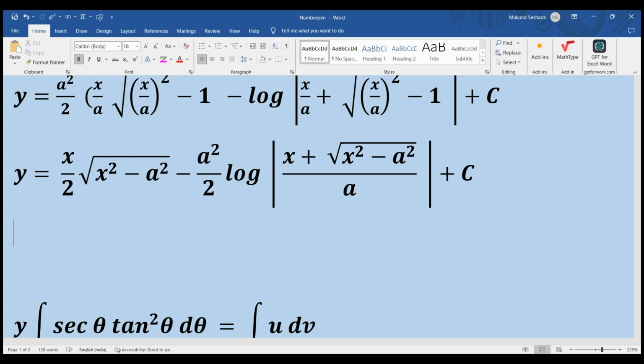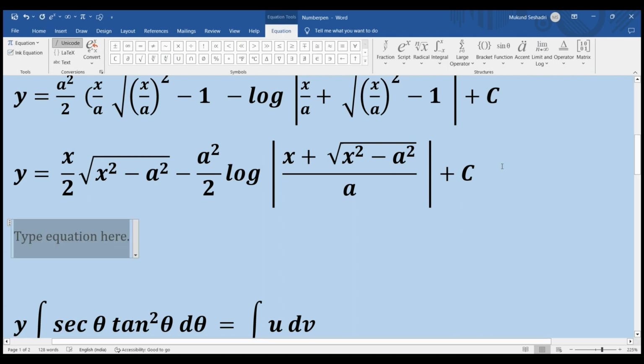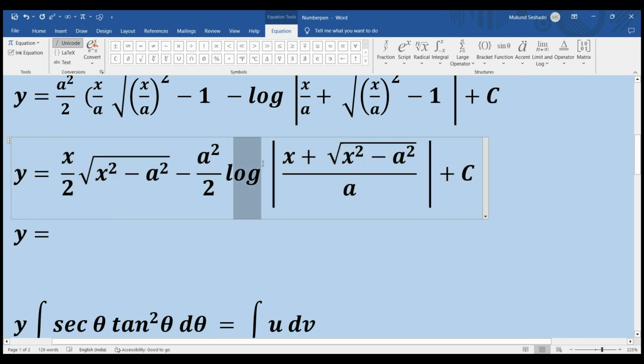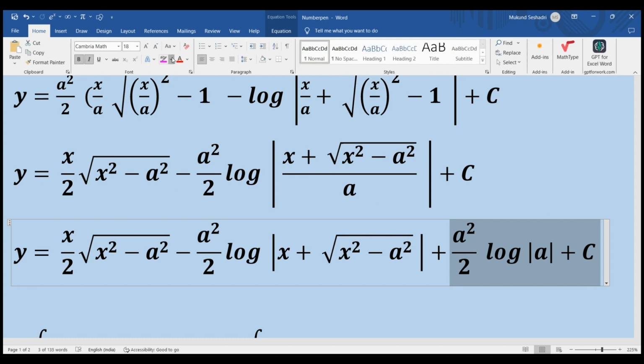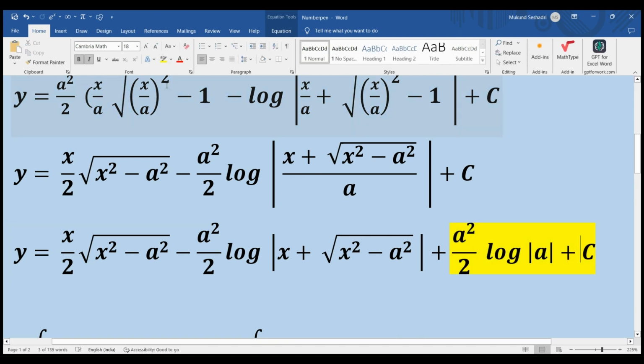When I look at the second expression, I see that it is of the type log of a by b, and I know very well that log a by b equals log a minus log b. So I'm going to use that quotient formula of logarithms and rewrite this. My a square by 2 times log of mod a is nothing but again a constant, so I can combine this entire expression and call it C1, which is again a constant.